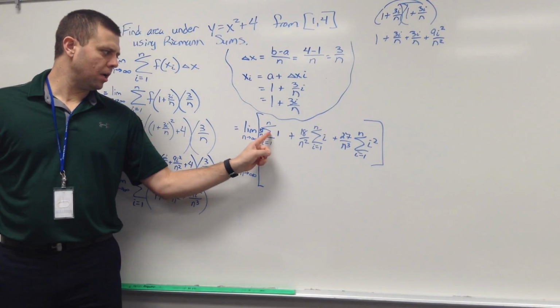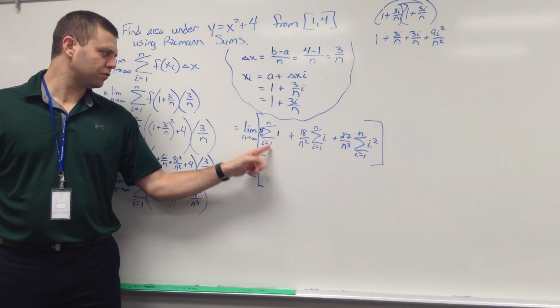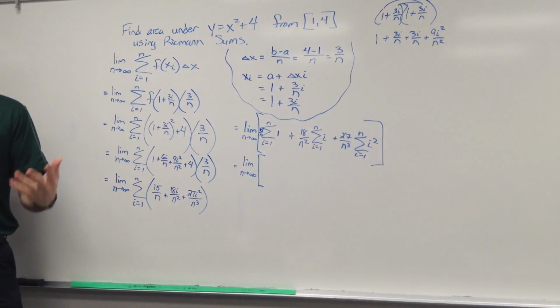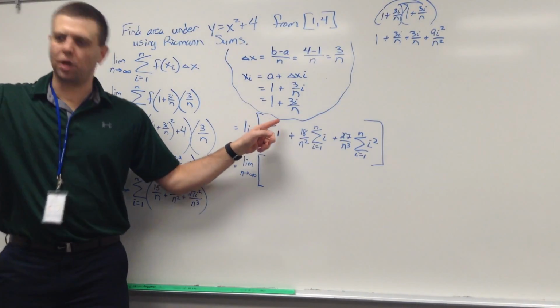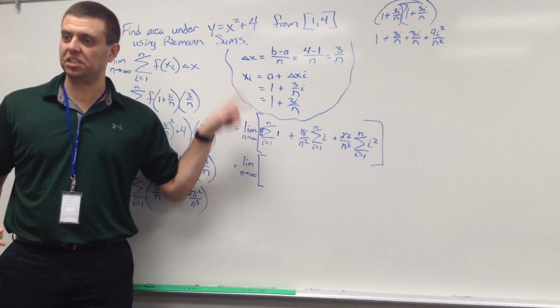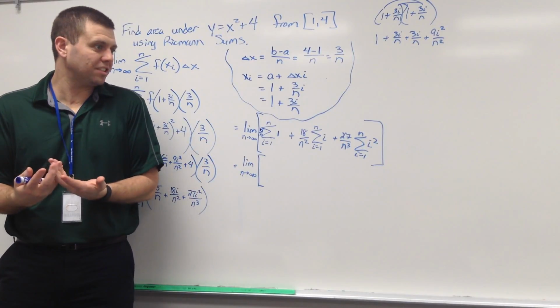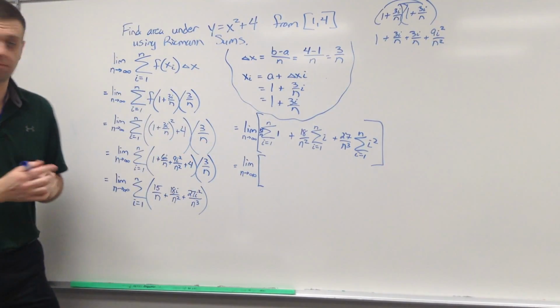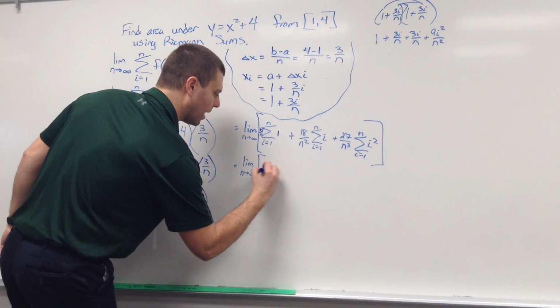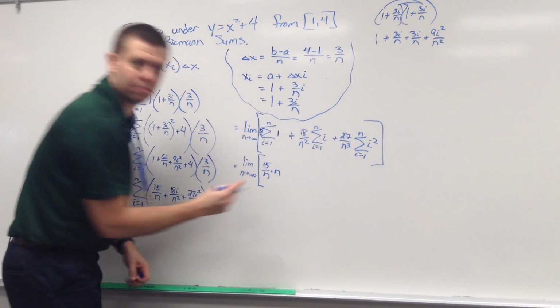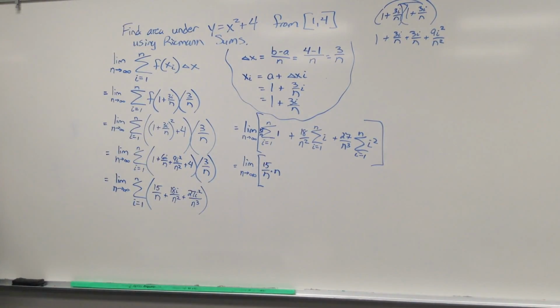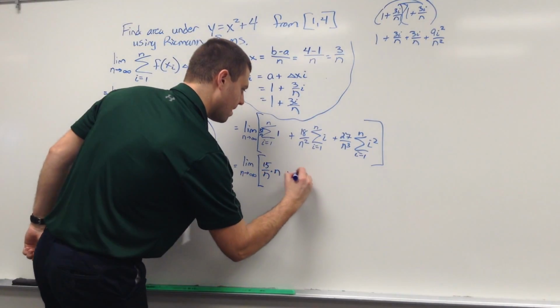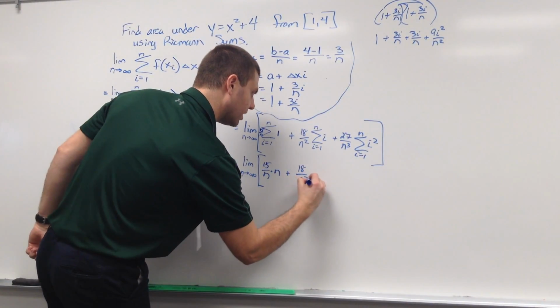What's the sum of 1 as i goes from 1 to n? n, right? Because you'd be taking 1 plus 1 plus 1, n times. So 15 over n times n, which is 15. Plus 18 over n squared.